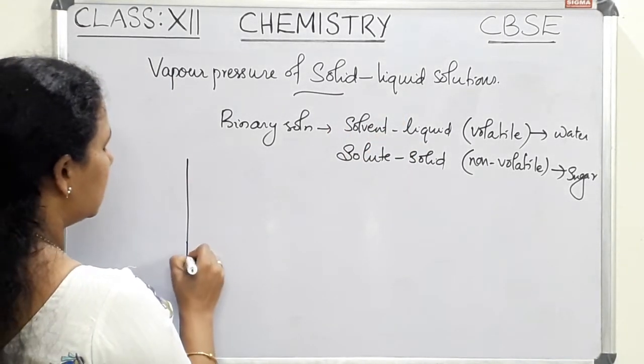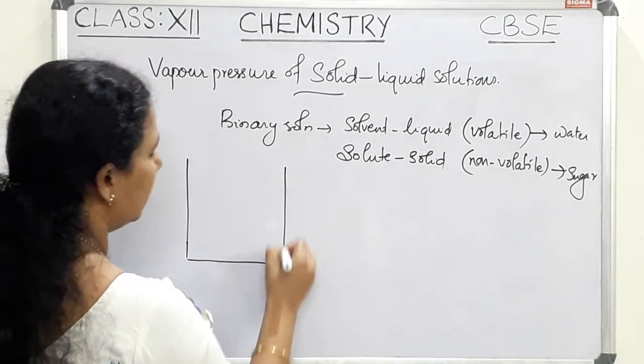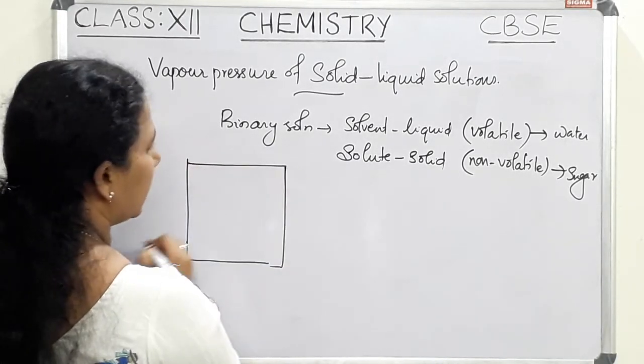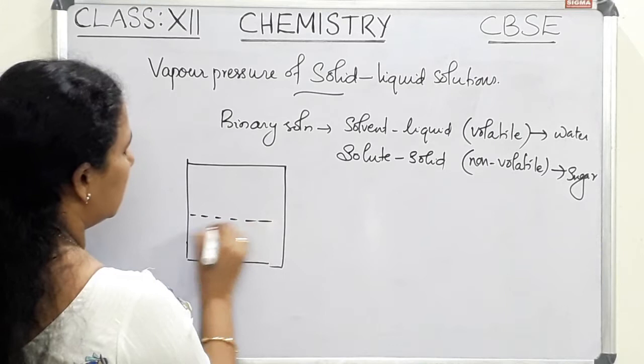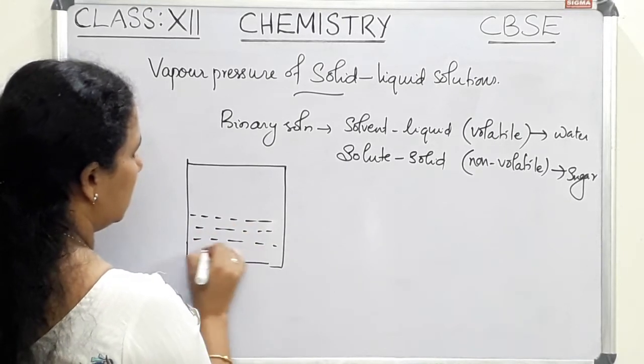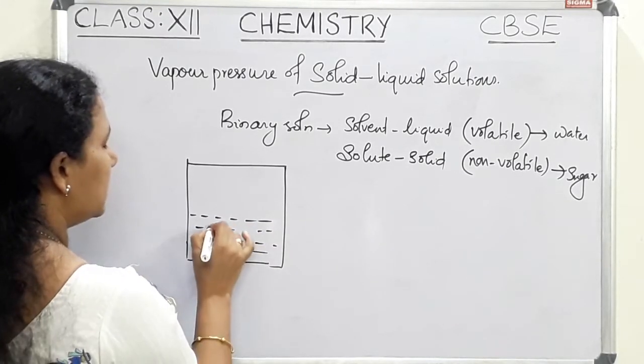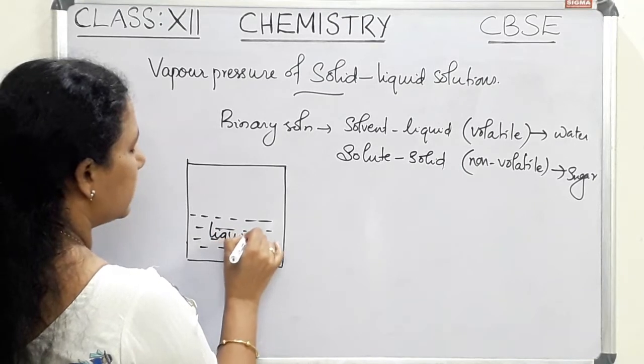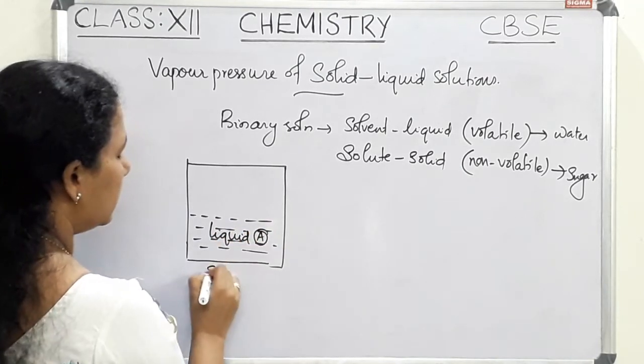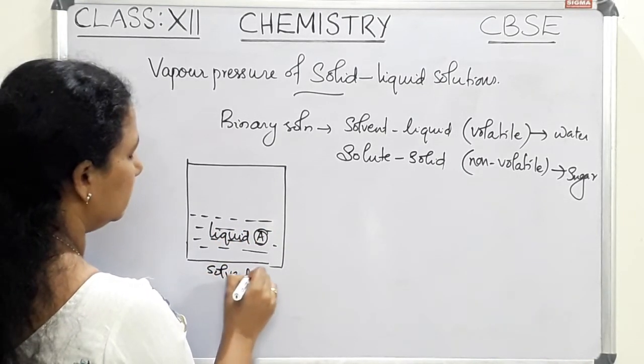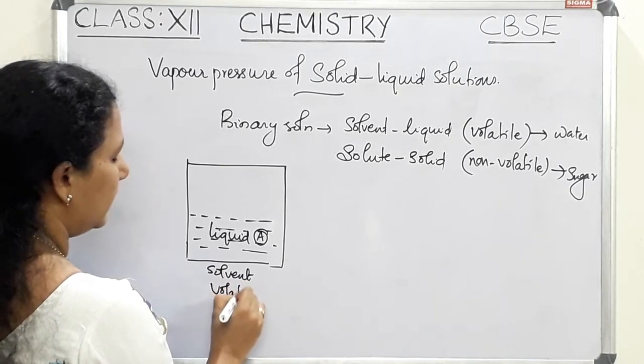Consider this solution in a closed container. First of all, we can see the solvent molecule. So this is the liquid component, say it is A, and this is the solvent, and it is volatile in nature.